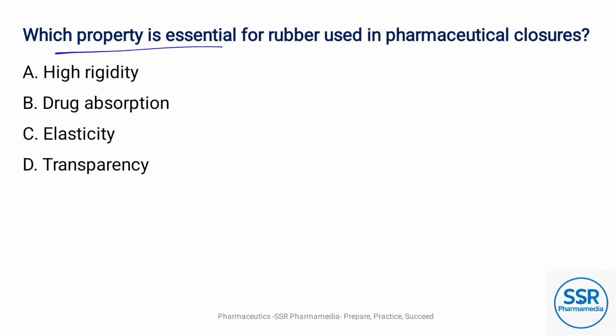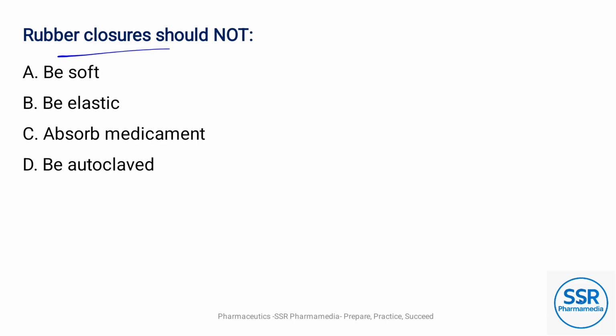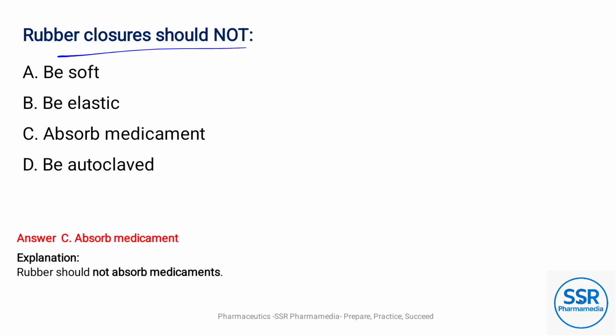Which property is essential for rubber used in pharmaceutical closures? Option C, elasticity. Rubber closures must be elastic for proper sealing. Rubber closures should not, option C, absorb medicament.